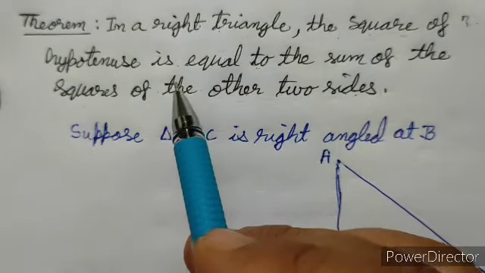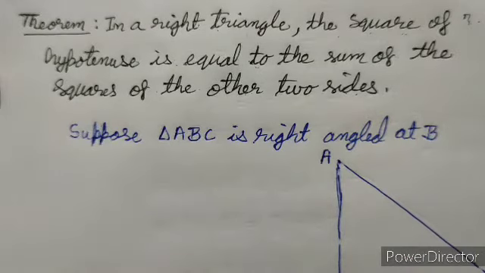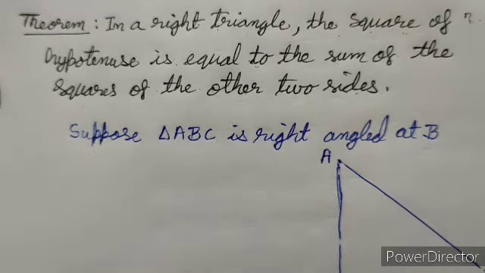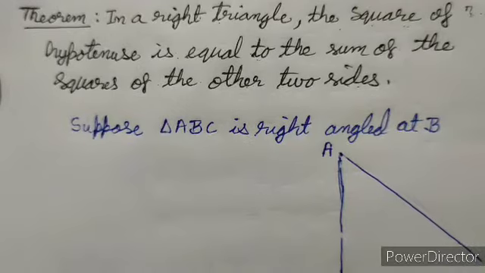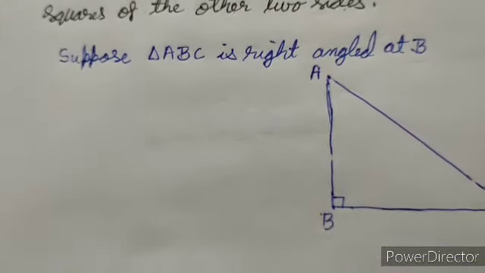That means we have to prove that in a right triangle, the sum of the squares of two sides of a triangle is equal to the square of the hypotenuse of a triangle.